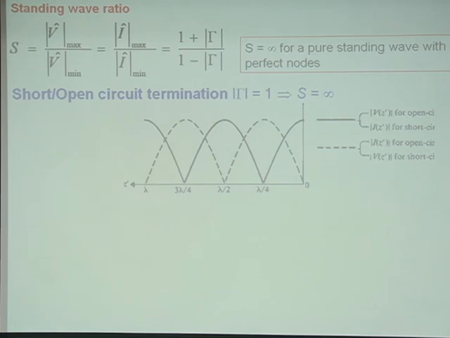Okay, so for short circuit or open circuit, your gamma is equal to 1. Standing wave ratio is infinite. This means that you have 100% reflection.